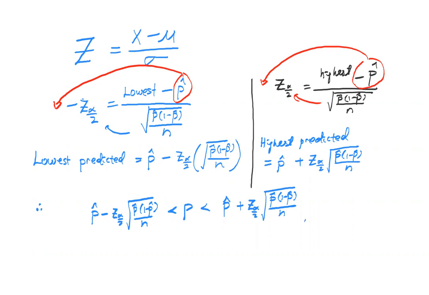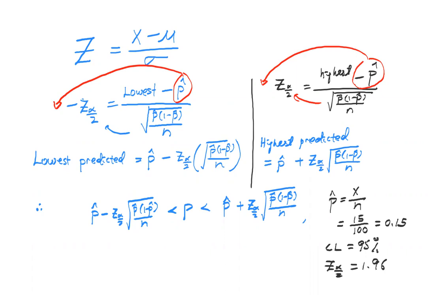Okay, so now for our case here, our P hat is X over N and our X is 15 and the N is 100. So it's equal to 0.15. So can you please put into this formula, and our confidence level is 95%, which means that the Z alpha over 2 is 1.96.